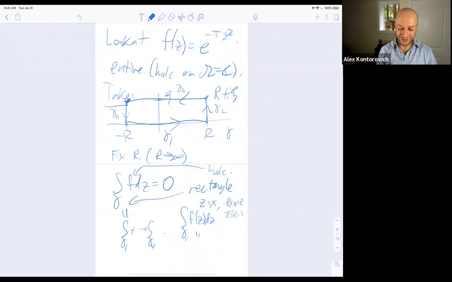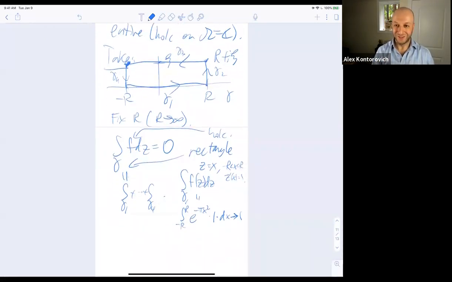And so this is the integral from minus r to r, e to the minus pi x squared, because z is x, z prime is 1, dx. And what does that converge to as r goes to infinity? That's what we just computed. Good thing we knew the answer.